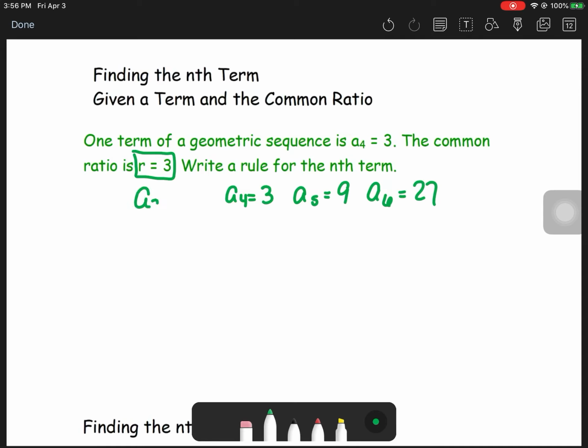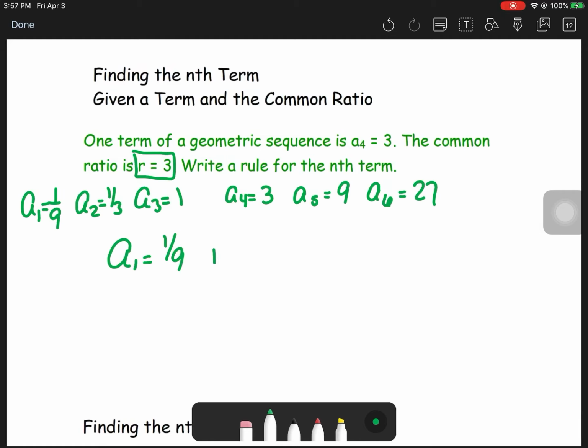So if I go backwards, instead of multiplying, I would divide. So 3 divided by 3 is 1. If I want my second term, 1 divided by 3, that's going to be a fraction. And if I want my first term, I'm going to take 1/3 divided by 3, and that's going to be 1/9. So my first term is going to be 1/9.